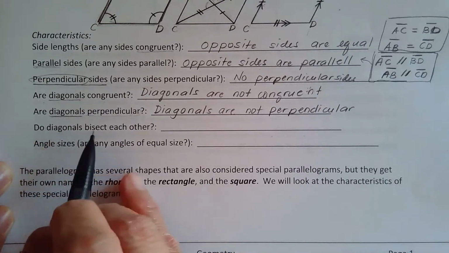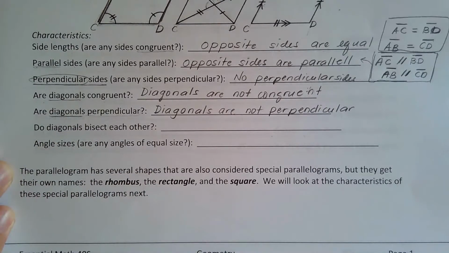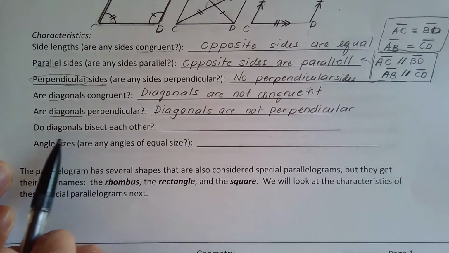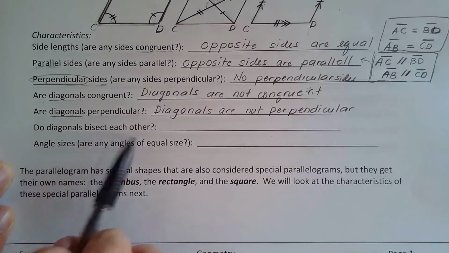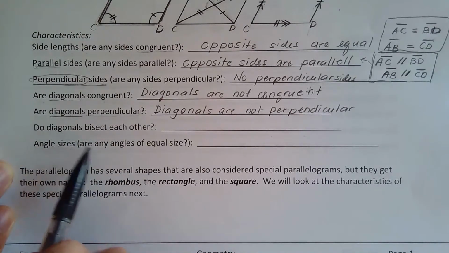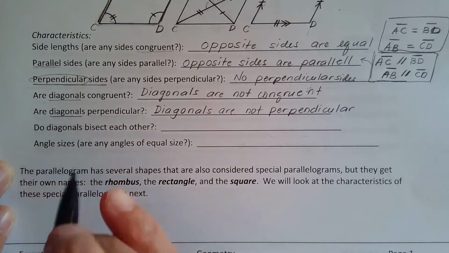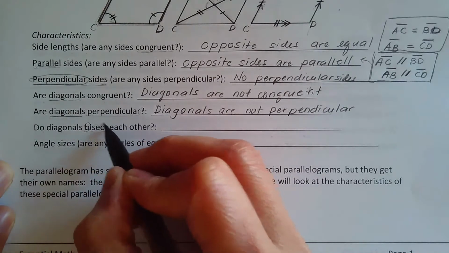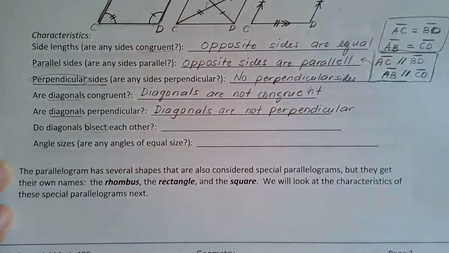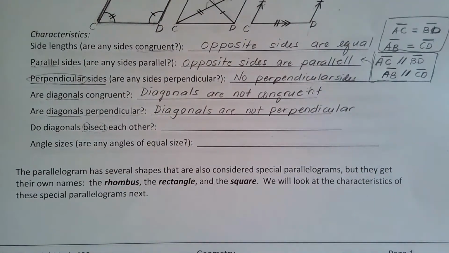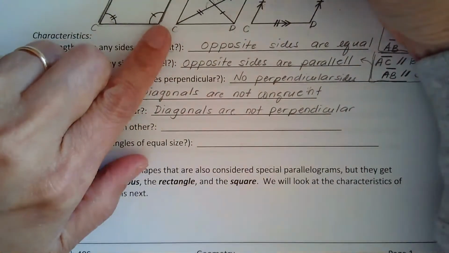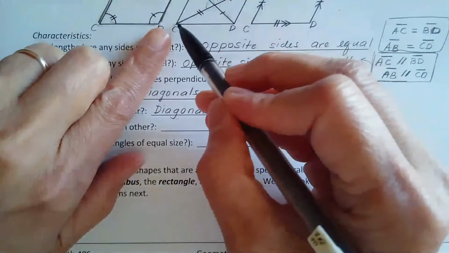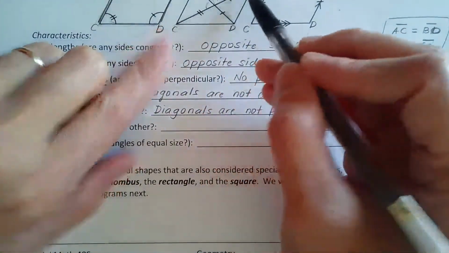Do diagonals bisect each other? That means, do the diagonals cut each other in half into two equal parts? Bisecting is two equal parts. So when you look at this part here, here's your diagonal AD, and here's your diagonal BC or CB.